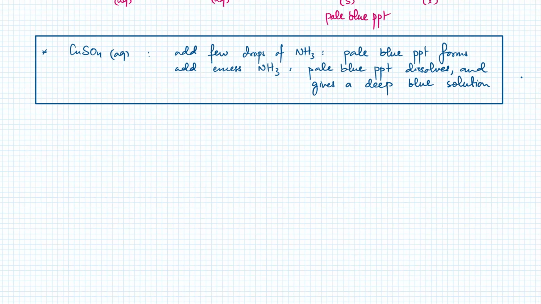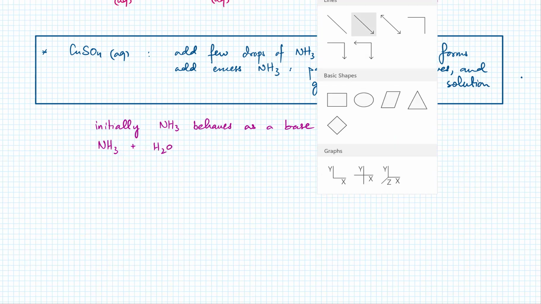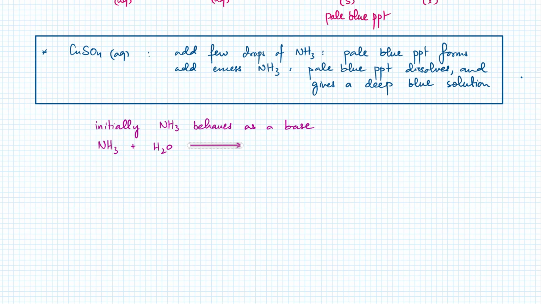So you have to explain this. Now, the first thing when you're trying to explain this is that initially ammonia does not behave as a ligand. Initially, the ammonia behaves as a base. The ammonia reacts with water. When you add a few drops, the ammonia reacts with water, and it accepts the H+ from the water and ends up producing OH ions.